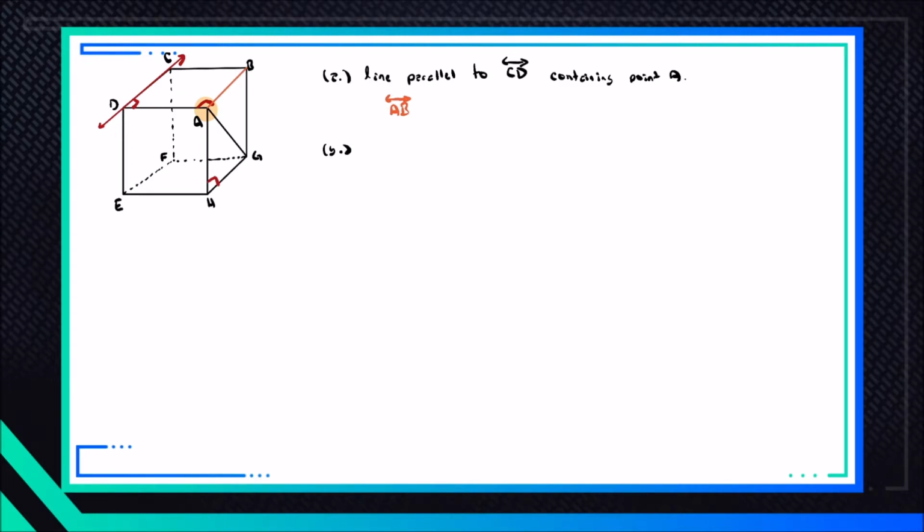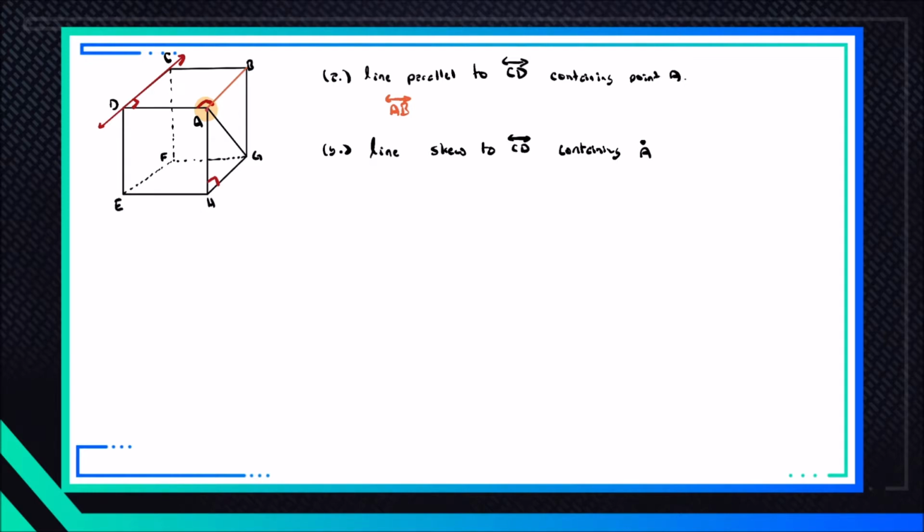We're going to do the same sort of thing here, but now we're going to find a line skew to CD. So that's that red line on the cube over there, and containing point A. A dot above a letter means point A. And so now, once again, we're going to go back to this orange dot over here, and in pink, we're going to highlight the skew lines.